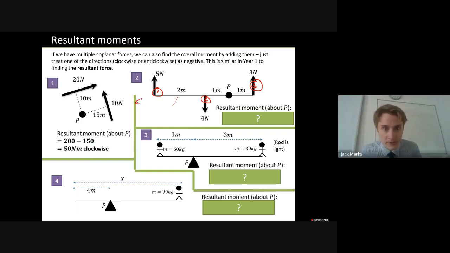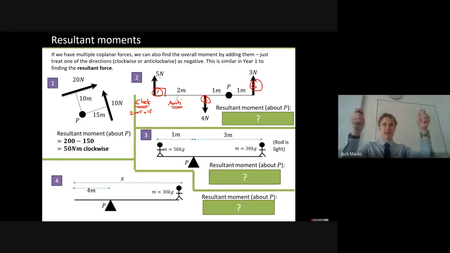So I'm going to put clockwise here, and anti-clockwise here. So number 1 is clockwise. It's 5, it's already perpendicular, and it's 3 away. So 3 times 5 is 15.